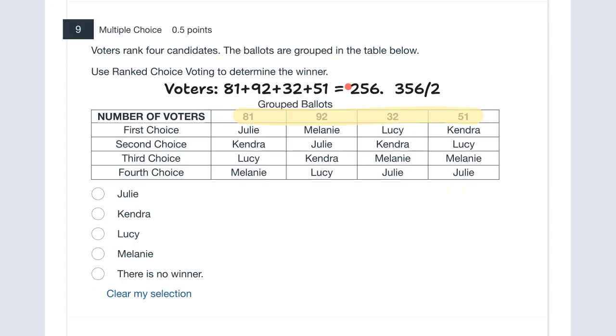256 divided by 2 is 128. And that means we need 129 to win.